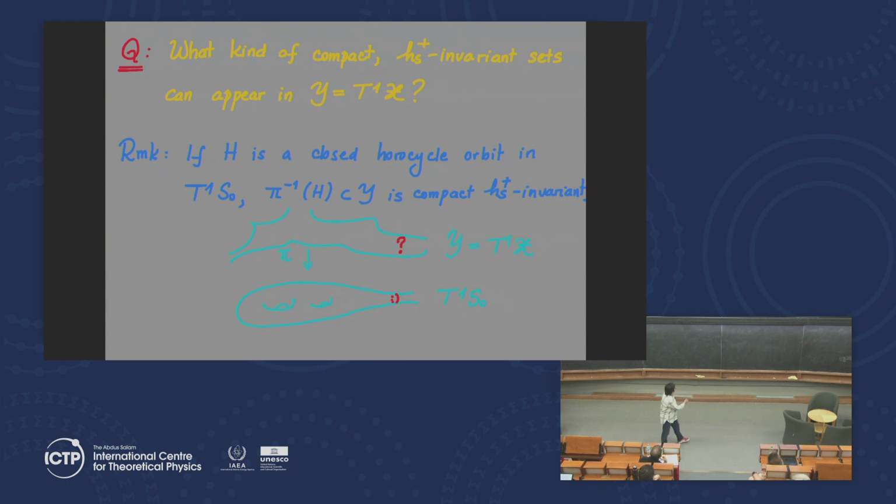Because if you take your surface in the base here, you take a closed orbit for the horocycle flow, its preimage under the fibration will give you a compact invariant set under the horocycle flow because the projection is proper. So this question makes sense because there exist compact invariant sets.